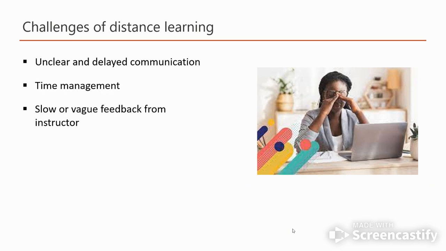Challenges of distance learning. We know that these days, especially from the start of the pandemic, many students have had to work with distance learning, and education converted totally from in-person to distance learning. But there were many challenges in this type of education system. The first challenge could be unclear and delayed communication.